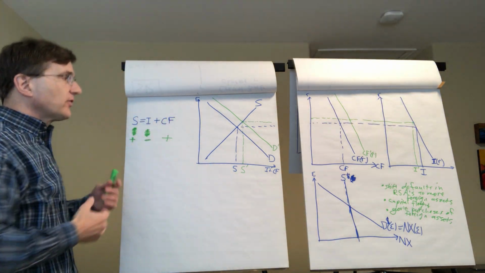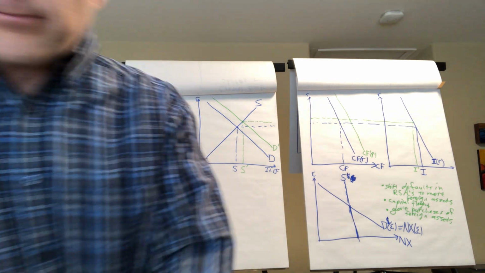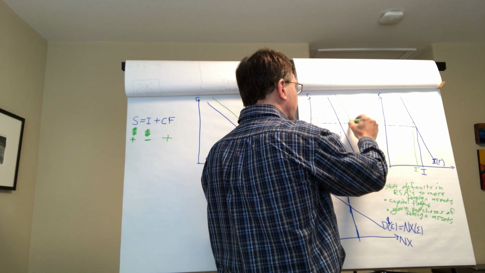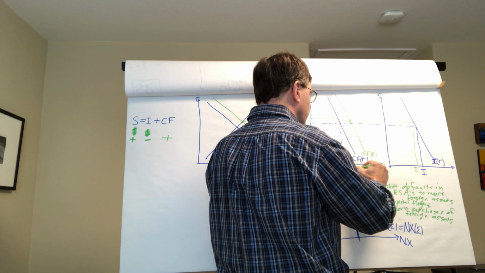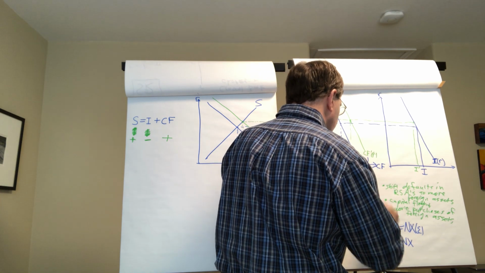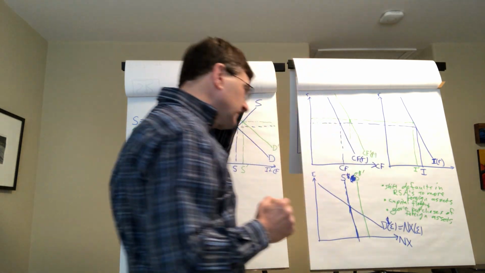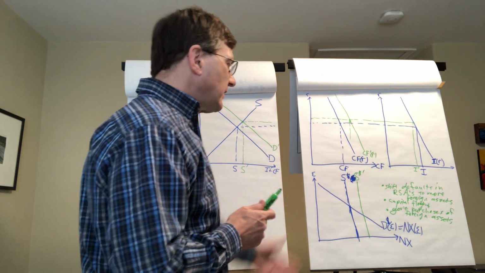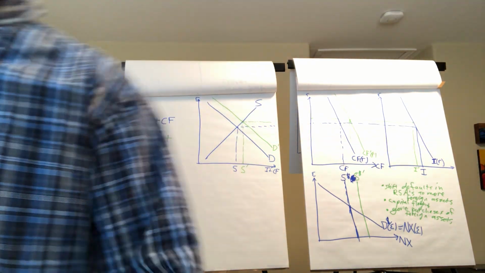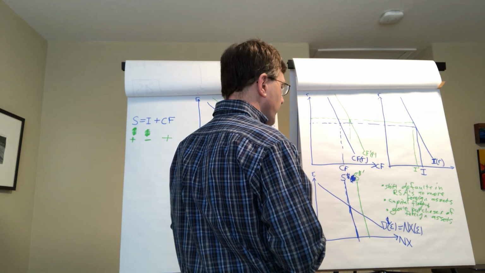Because of this logic, it's totally clear that the quantity of capital flow goes up. Okay, so now, with the quantity of capital flow going up, remember that quantity of capital flow gives us the new supply of dollars prime, and notice there's no reason for the net exports as a function of the real exchange rate to change.